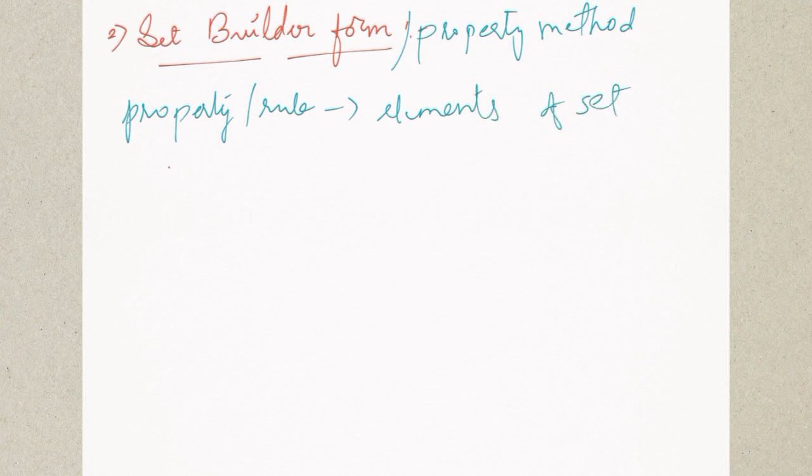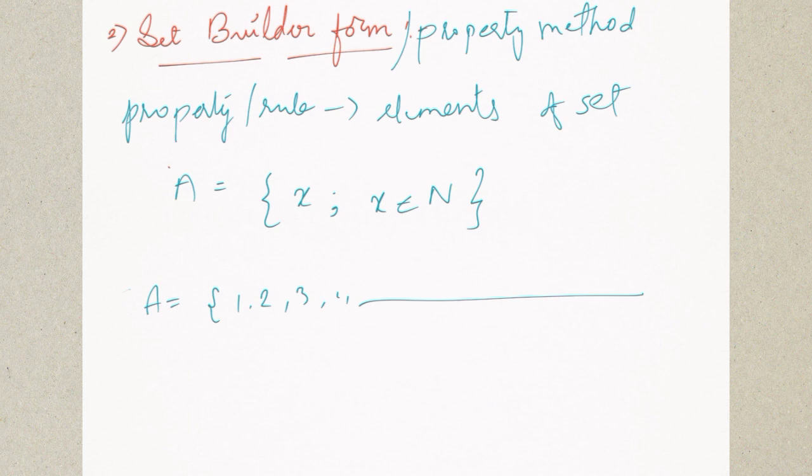Now, for example, I will take a set A which expresses x, where x belongs to natural numbers. If I write this, it is very simple. The set A is representing all the natural numbers. Now if you want to know x, it is very simple. A is 1, 2, 3, 4, and so on till infinity, because natural numbers go on till infinity.